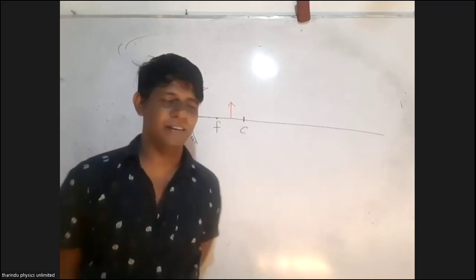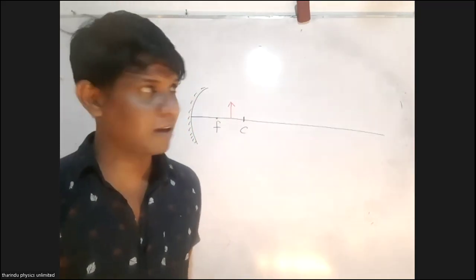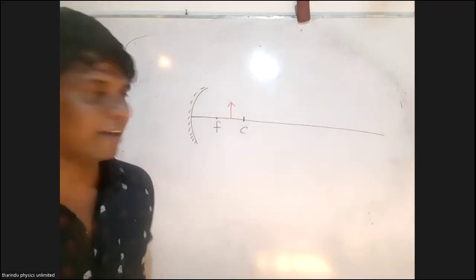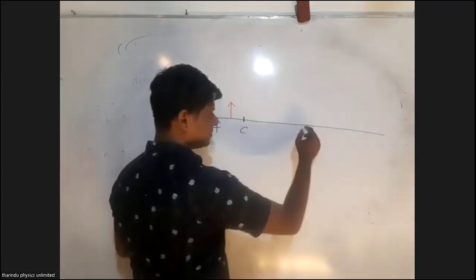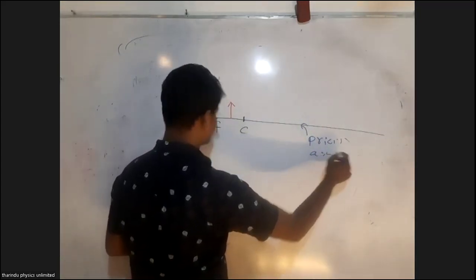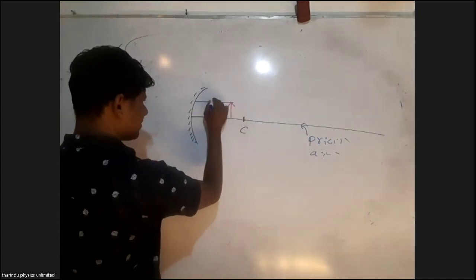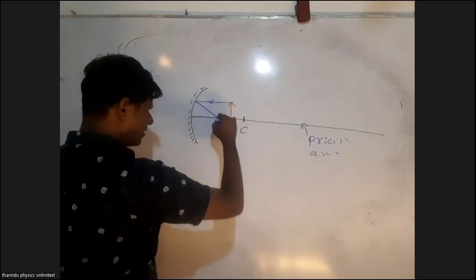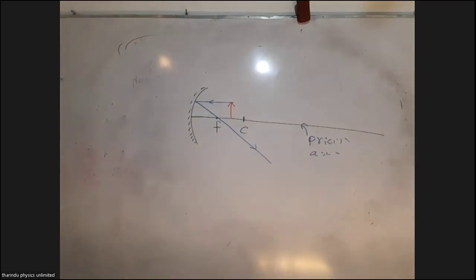Parallel to the principal axis. This is the principal axis, no? Then it will reflect through F.